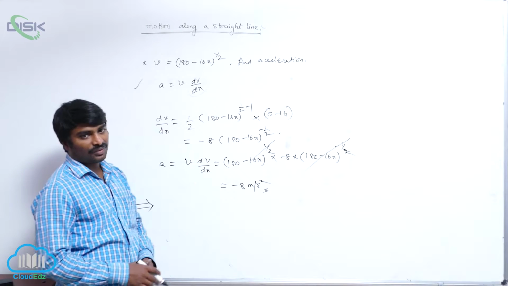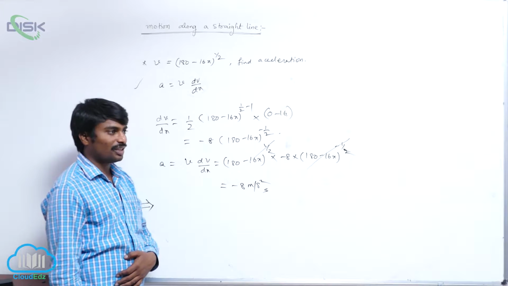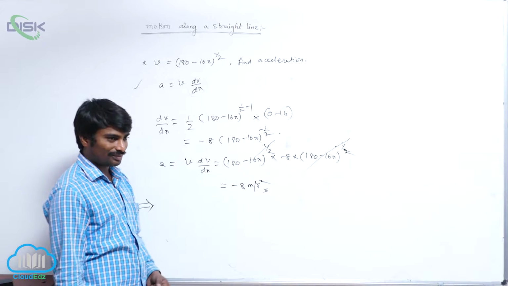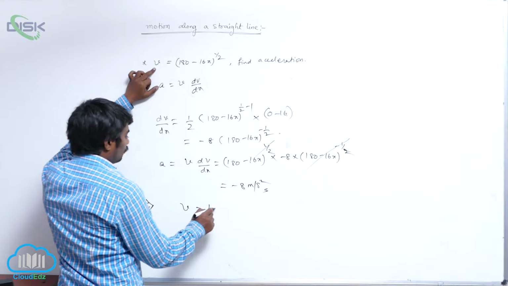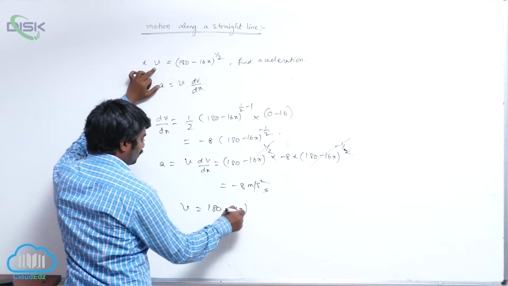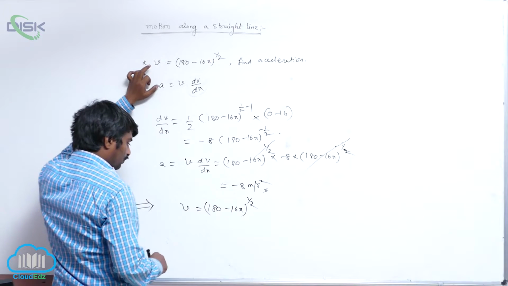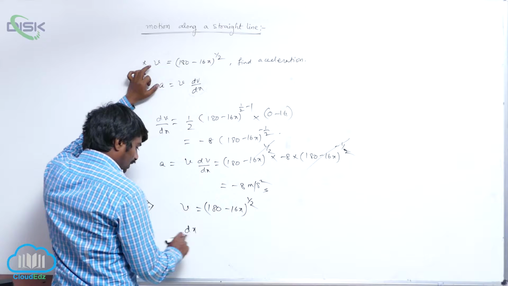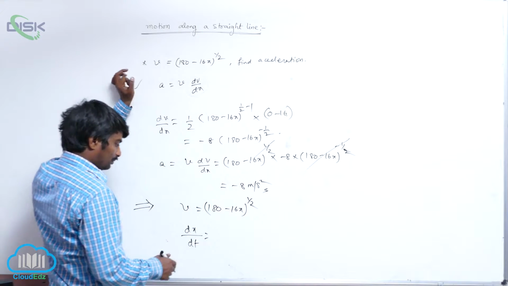If x is a function of t is known, dx by dt is velocity and d square x by dt square is acceleration. That is also one of the methods. That means v equal to (180 minus 16x) whole power 1 by 2. So instead of v, if you write dx by dt, you can get x as a function of time.